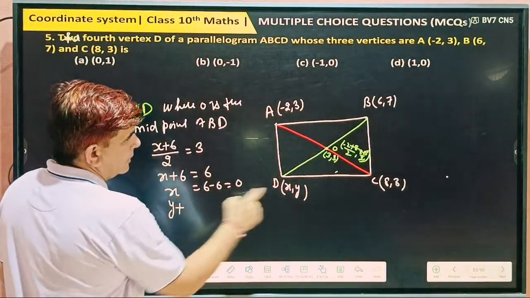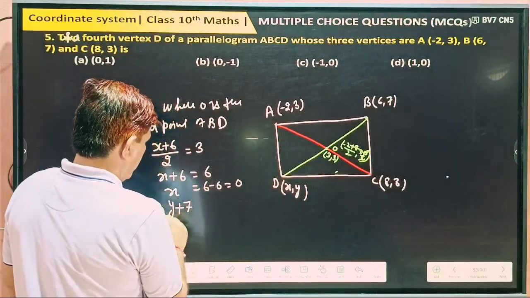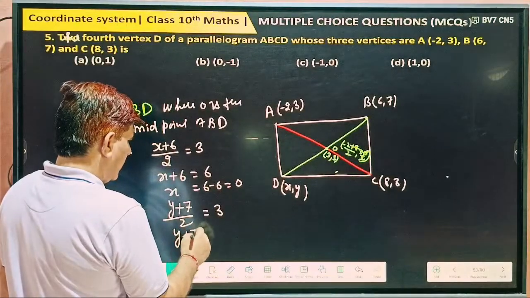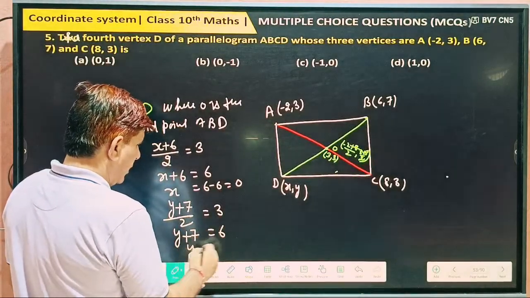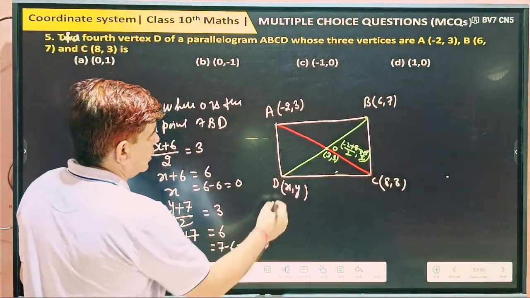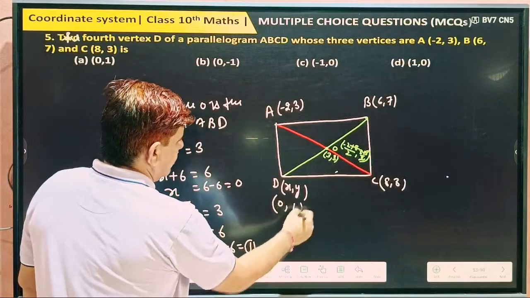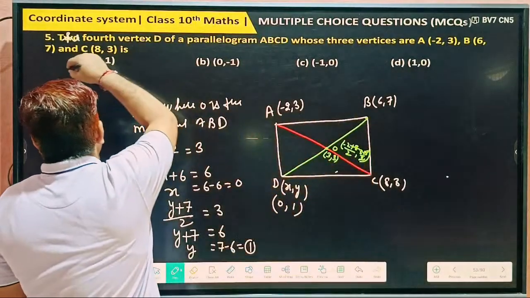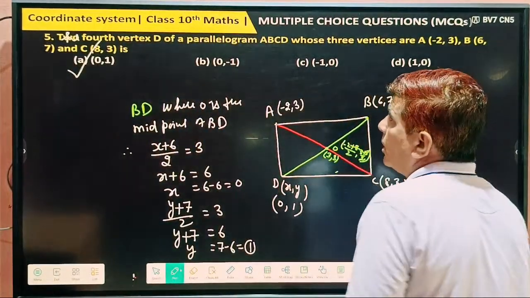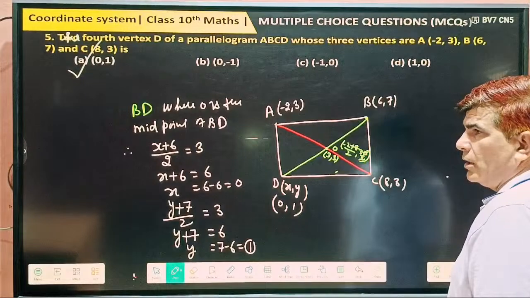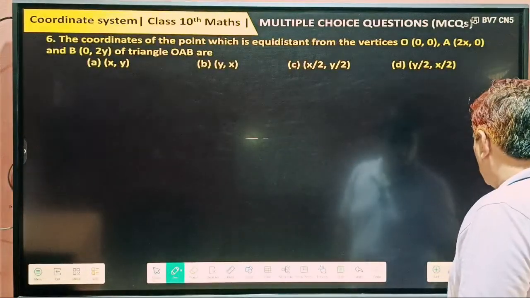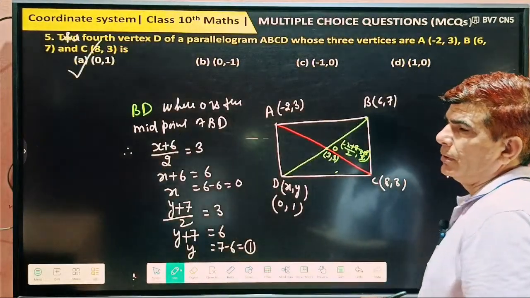Similarly, y plus 7 by 2 equal to 3. So it becomes y plus 7 equal to 6. So y is equal to 7 minus 6, how much? 1. So what are the coordinates of this point? 0 and 1. So what's your answer? A is your answer. This was question number 5. Understood? Next. So this is 5th.